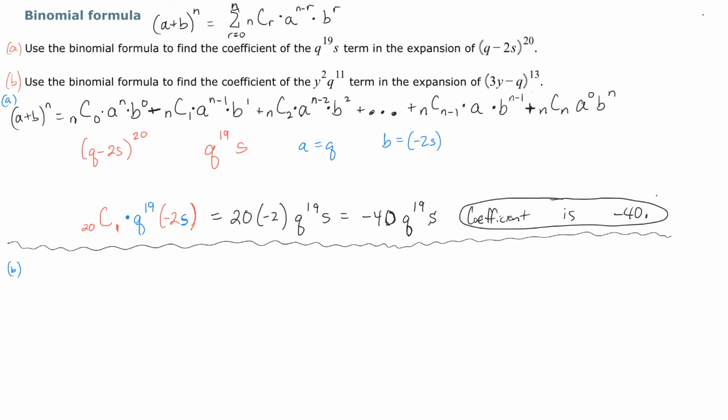So according to the pattern, we want definitely a combination. So we have 13 choose what? We want y squared.